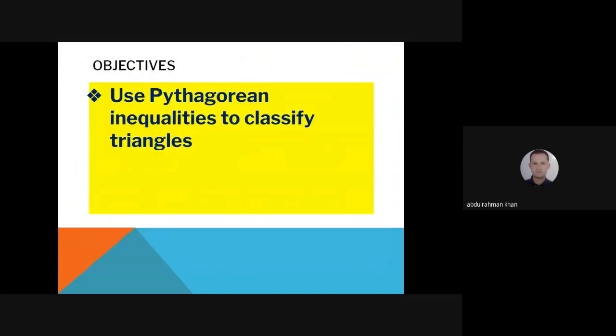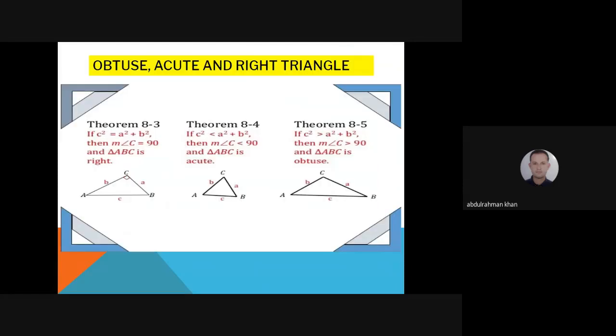Now what are the objectives of today? Use Pythagorean inequalities to classify triangles. We have three theorems for this. The first one is if c square equals a square plus b square, then one angle, which is angle C, will be 90 degrees and this triangle is called a right triangle.